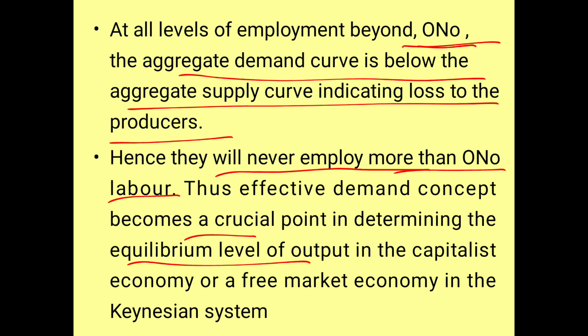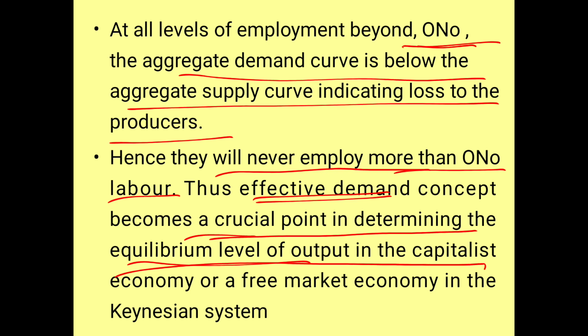So thus, what does effective demand tell you? It is the crucial point in determining the equilibrium level of output, especially in a capitalist economy or a free market economy, because the decisions are taken by the entrepreneur, as there is no government interference.